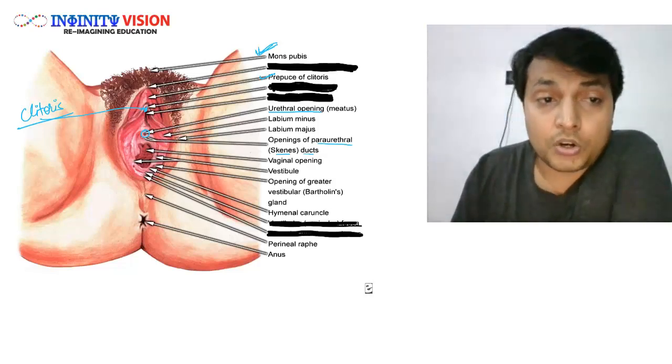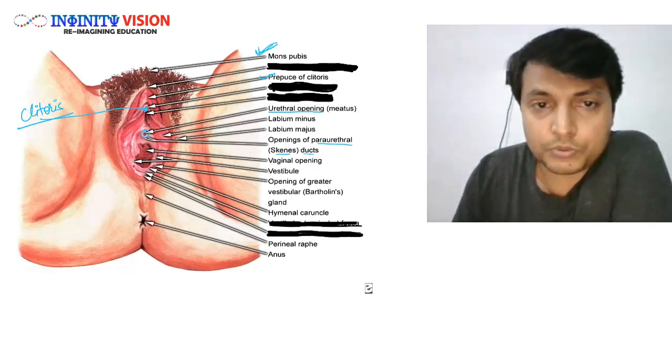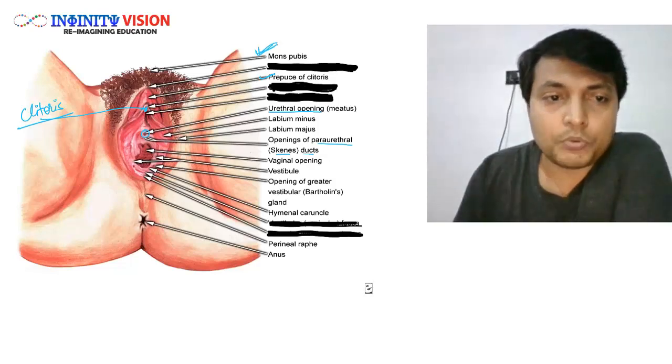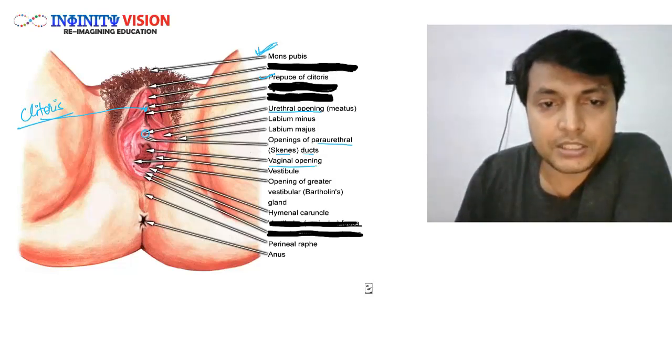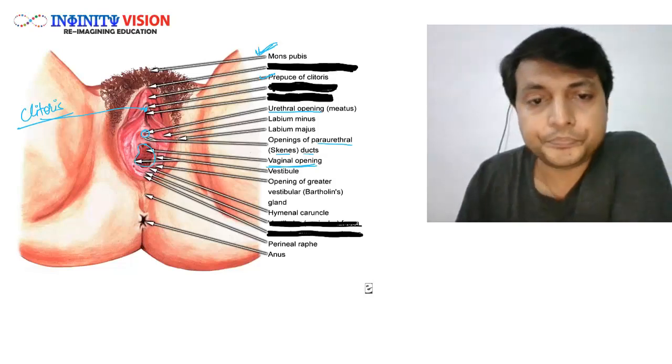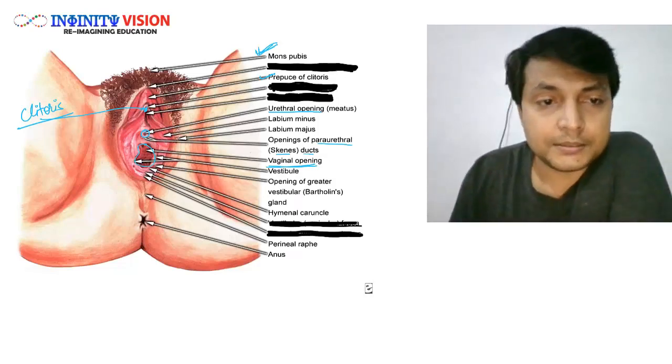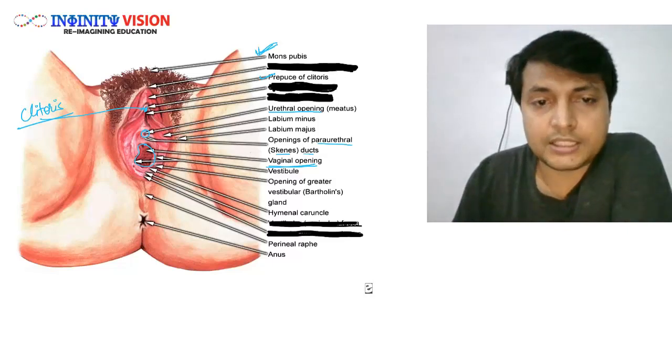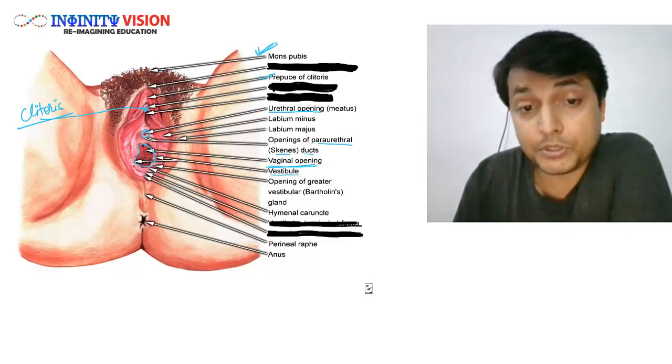Now if you move further downward to the urethral opening, what you will find is the vaginal opening. Can you see here? This is the vaginal opening, and on the other side are the spaces called vestibule.